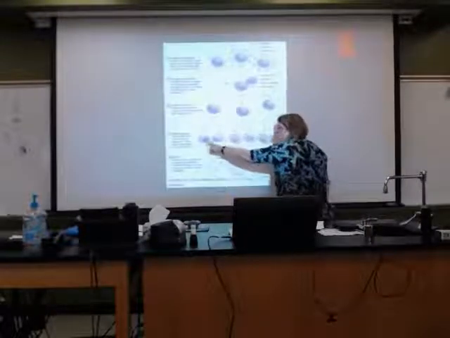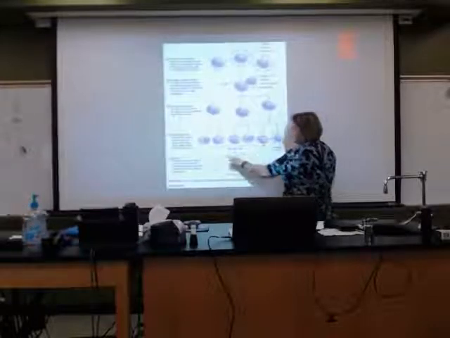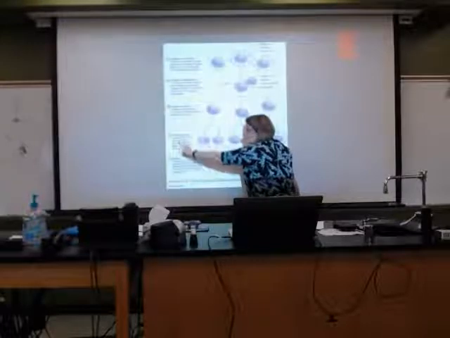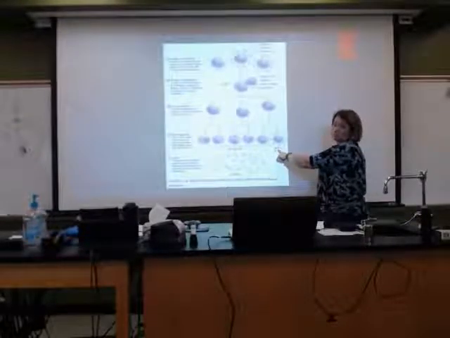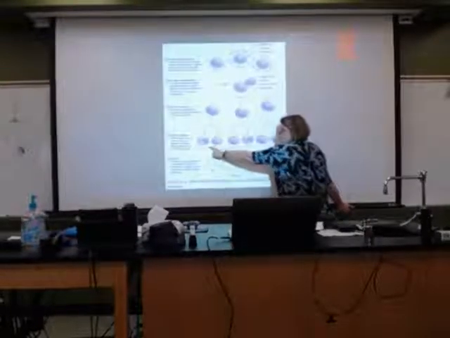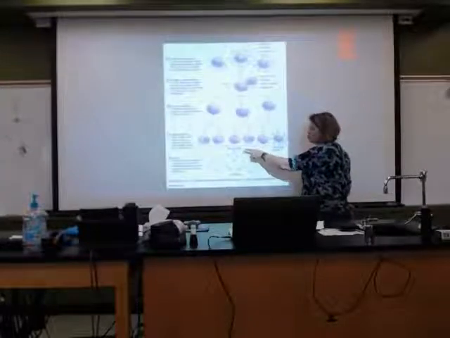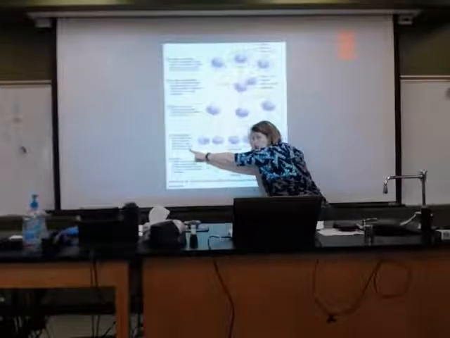When I look at what's going to happen with those B cells, some of them become my memory. The rest of them have to go on, and what they become is termed a plasma cell.